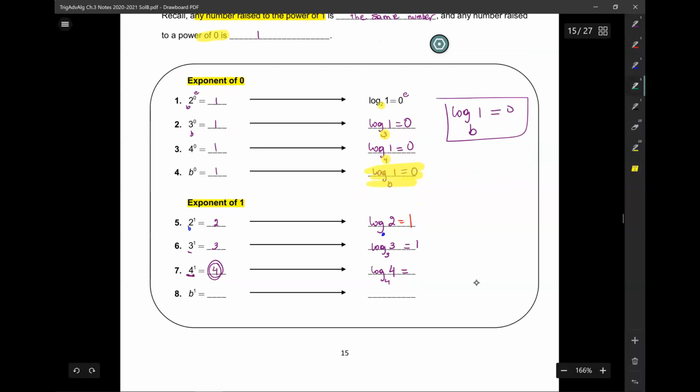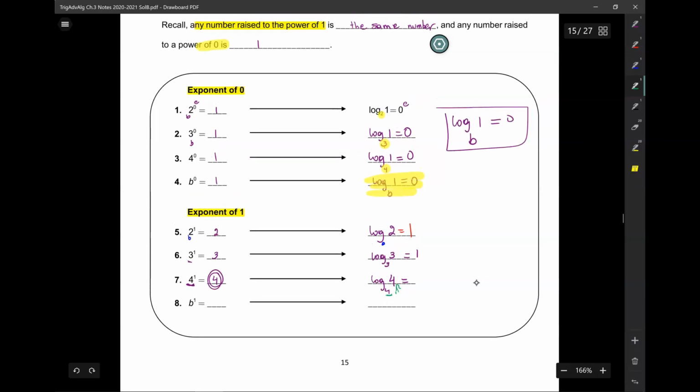What I have here is a base of 4, and I'm asking what should be the exponent of 4 so I get another 4? Well, the exponent should be a 1. Now, b to the 1 is b. So let's see the pattern here. Whenever I have log base b of the same number, the exponent is always 1. So when I have log base b of b, the answer is always 1.